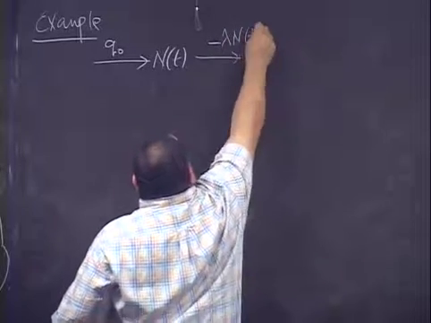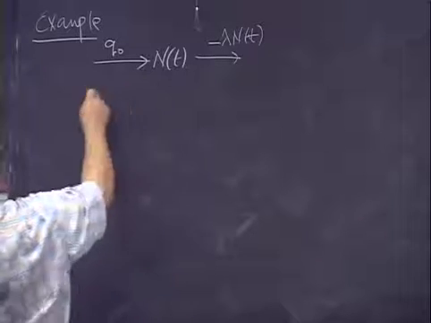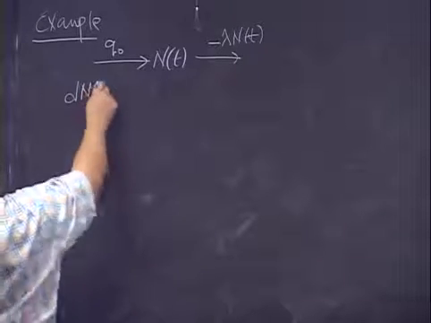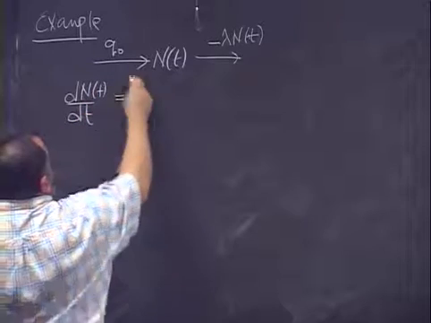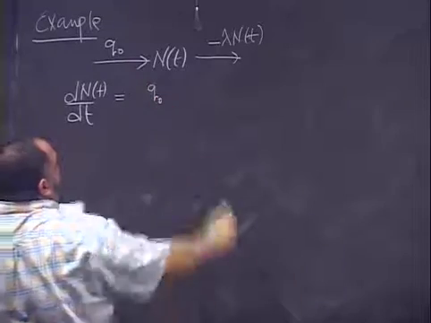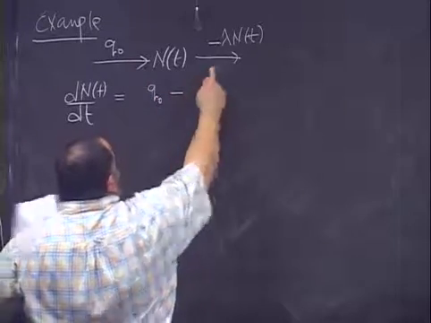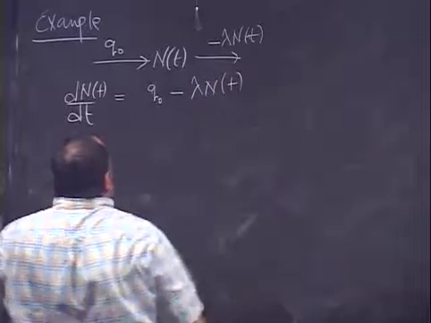This is the rate of decay. So what's the equation that gives you the time rate of change of this? The time rate of change of the number N of t is equal to the production, which is Q naught, minus the decay, lambda N of t.